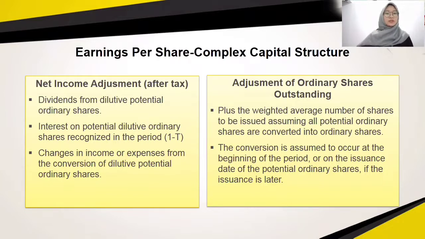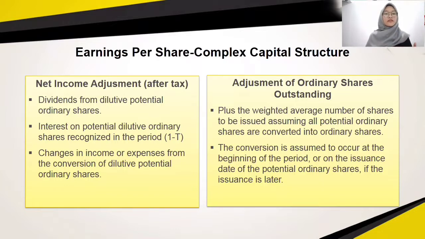And the adjustment of ordinary shares outstanding is plus the weighted average number of shares to be issued, assuming all potential ordinary shares are converted into ordinary shares.